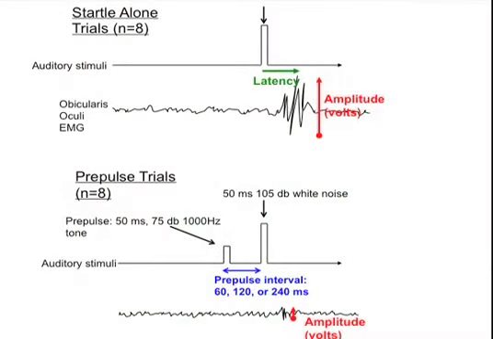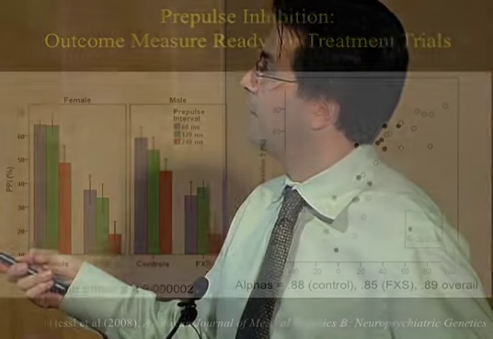The measure of prepulse inhibition is determined by a comparison of how strong your response is when you hear a startle, a loud sudden sound all by itself, in comparison to when you hear the same sound but it's preceded by a softer tone. When there's a softer tone, it's sort of like the nervous system's warning that you want to dampen your response. It's an automated thing, not a conscious thing, but normally you see a much reduced startle reflex. And so we can measure the percent of inhibition that we get from here to here.